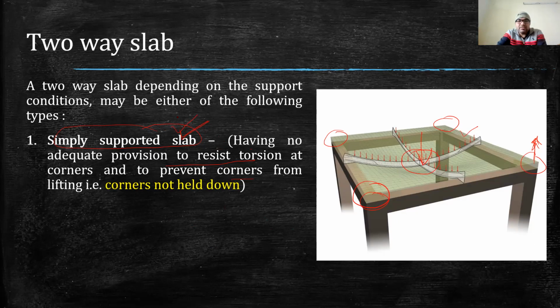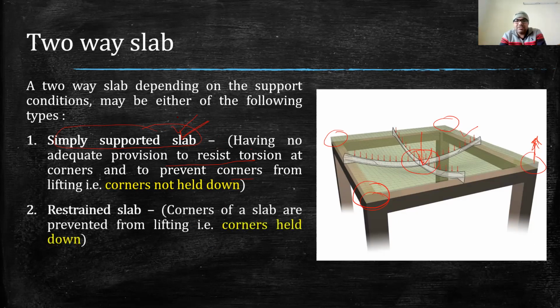Now, the second classification of the slab is called restrained slab. In the restrained slab, generally the corners of the slab are prevented against lifting. So these may be prevented by constructing a floor above it, or by partially fixing by constructing a wall, or by providing reinforcement against the torsion.